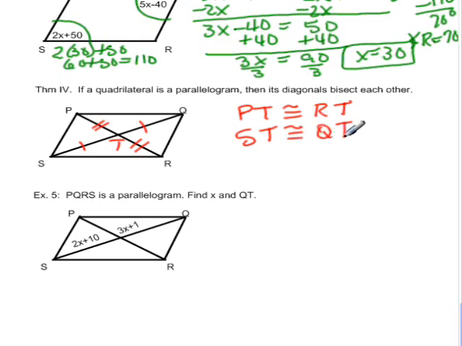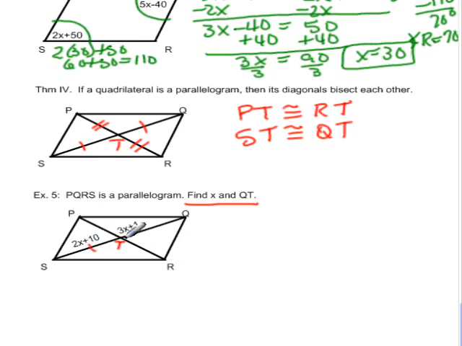Alright, now that we know that the diagonals bisect each other, what will we do to work the example underneath? Since it involves x's, the problem tells us to find x and QT, where there's your T. And what would we do with the 2x plus 10 and 3x plus 1? You're right.